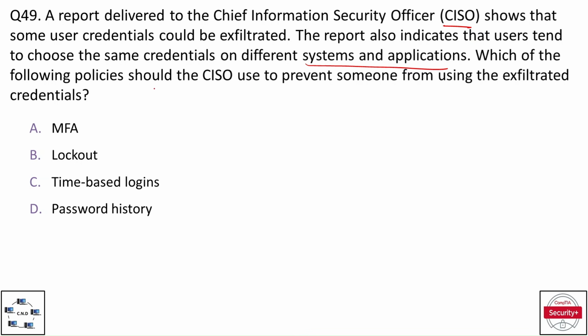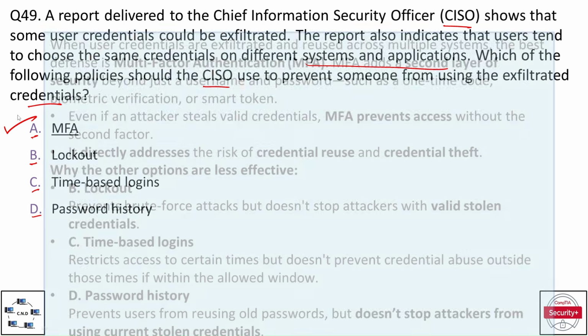Which of the following policies should the CISO use to prevent someone from using the exfiltrated credentials? And the options are: option A, MFA, that is multi-factor authentication; option B, lockout; option C, time-based logins; and option D, password history. And the correct option is option A, MFA, that is multi-factor authentication.